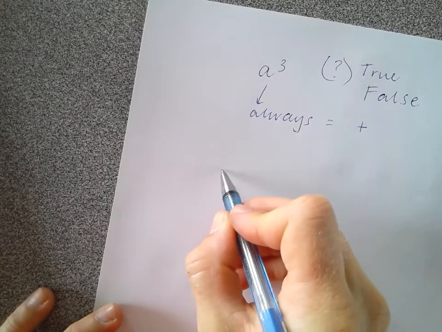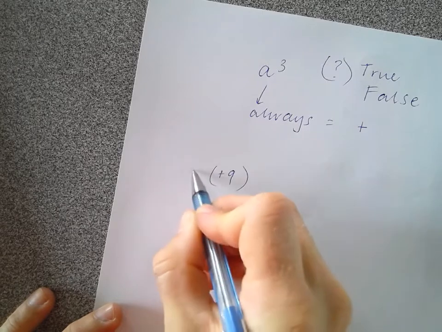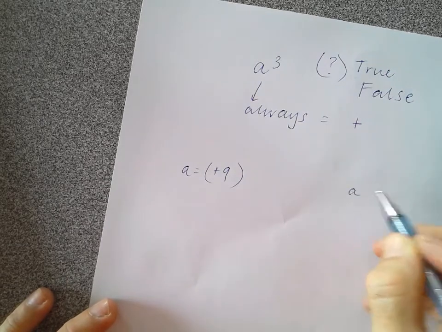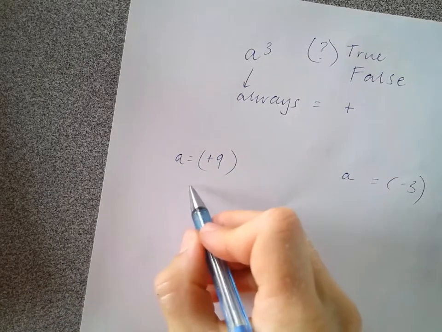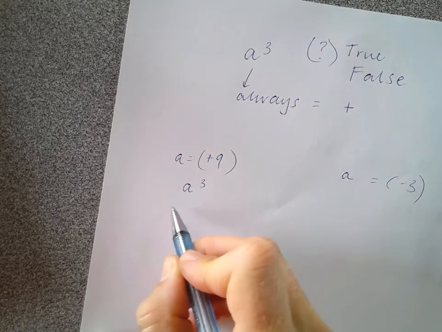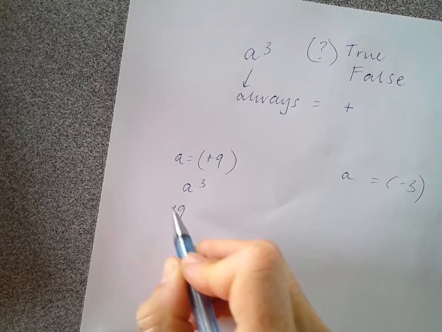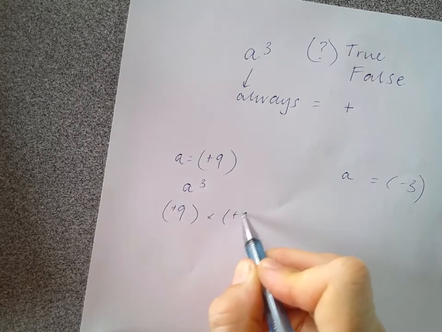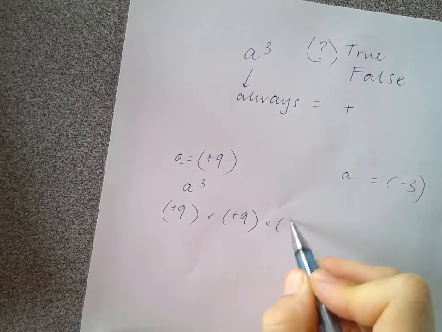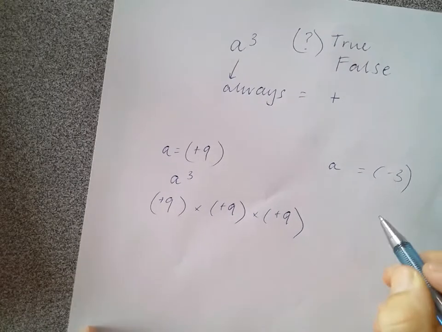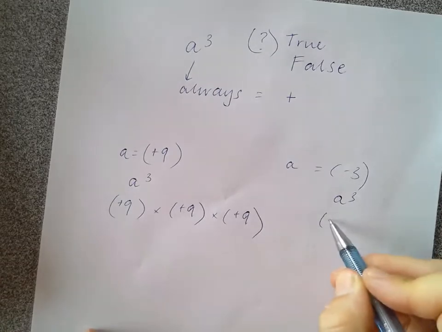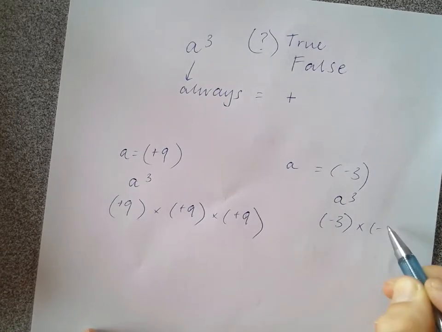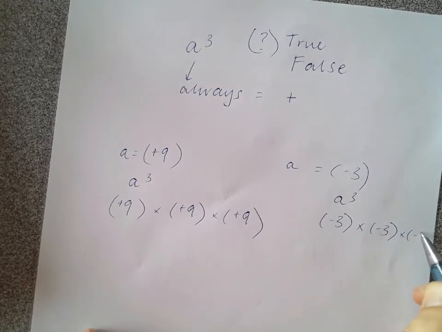We'll say A equals positive 9 for our first test and A equals negative 3 for our second test. We remember that A cubed equals the number multiplied by itself 3 times. Okay, so over here A cubed is going to be negative 3 times negative 3 times negative 3.